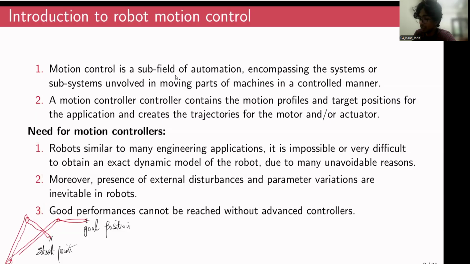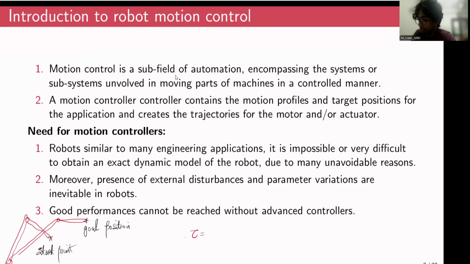The first point says, in many engineering applications, robots included, it's impossible or very difficult to obtain an exact dynamic model of the robot due to many unavoidable reasons. For example, we know that a dynamic model of a robot can be expressed in this very generic form.